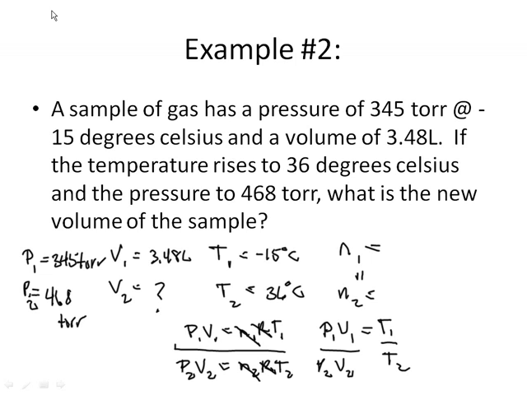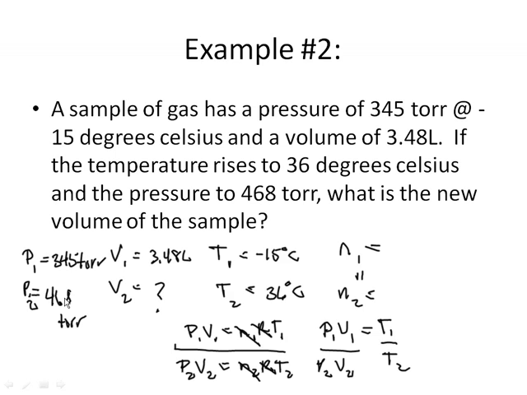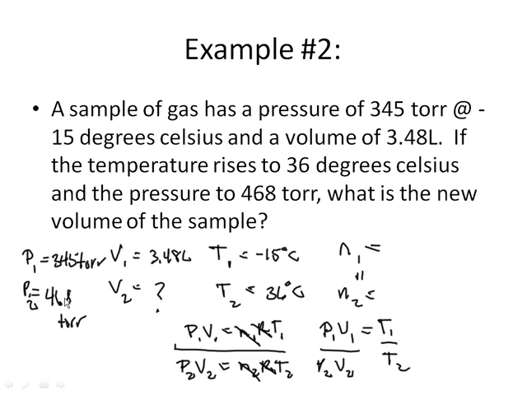So let's see, I need to rewrite all this. So P1 was 348, and P2 is 468, and V1 was 3.68, and we don't know V2, and T1, T2, T1 was negative 15, and T2 was 36.